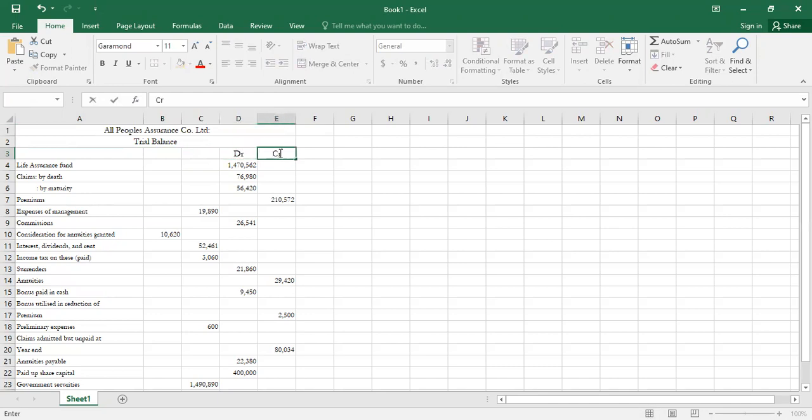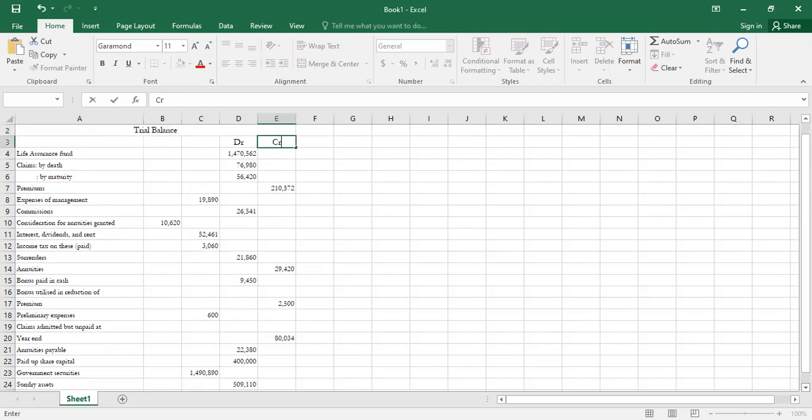I'm not adjusting any figures at this point. But what I'll do is credit what ought to be credited and debit what is supposed to be debited. So I have the life assurance fund.